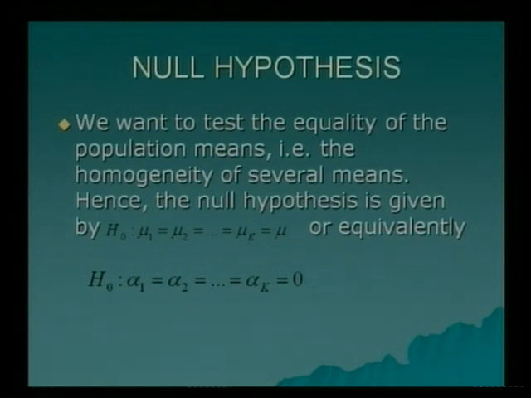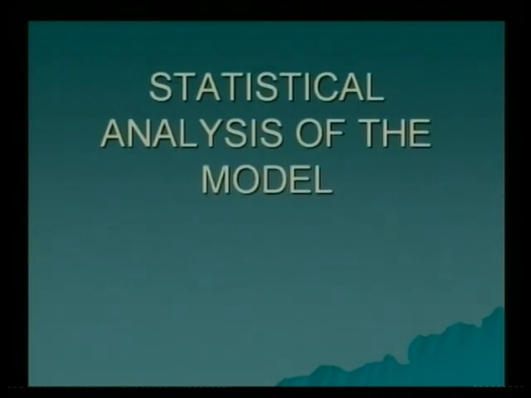This is because alpha i is equal to mu i minus mu, and hence we get alpha 1 equals alpha 2 equals alpha k equals 0. Now let us consider the statistical model of the one-way classification.